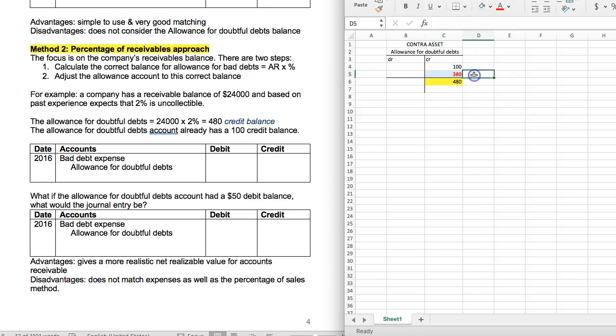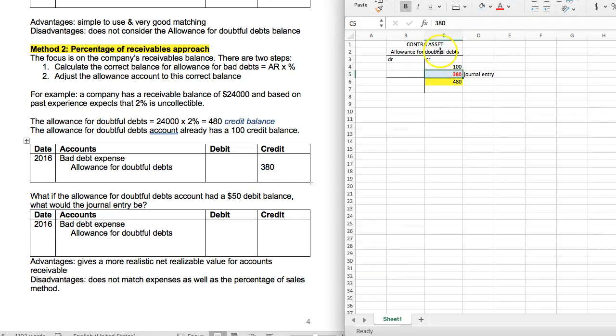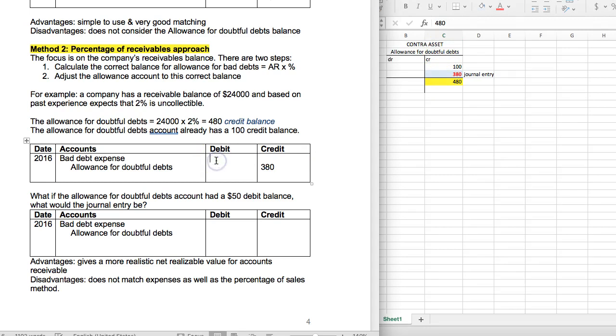This is the number that we're going to use for our journal entry. I need to credit allowance for doubtful debts, 380, and this will add 380 to my account, which will give me the correct ending balance. The debit has to be the same number, and that's to the bad debt expense.